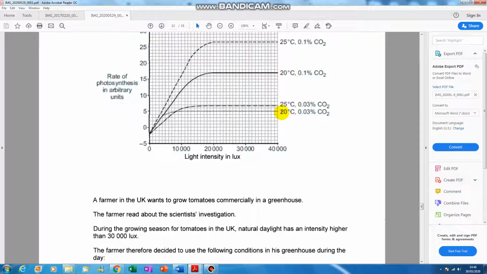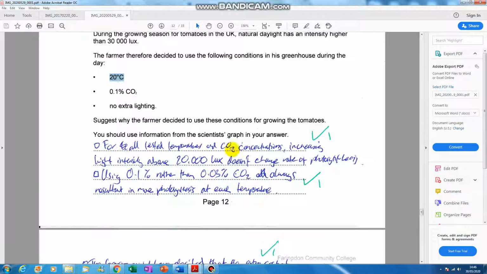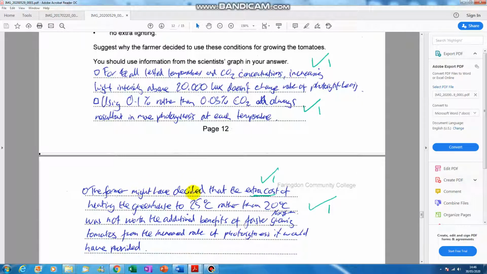Now, if you're heating a greenhouse, I thought that heating a greenhouse up to 25 degrees and running the heater for that extra amount of time would cost you more money. So that's what I've said here. The extra cost of heating the greenhouse to 25 degrees rather than 20 degrees was not worth the additional benefits of faster growing tomatoes.